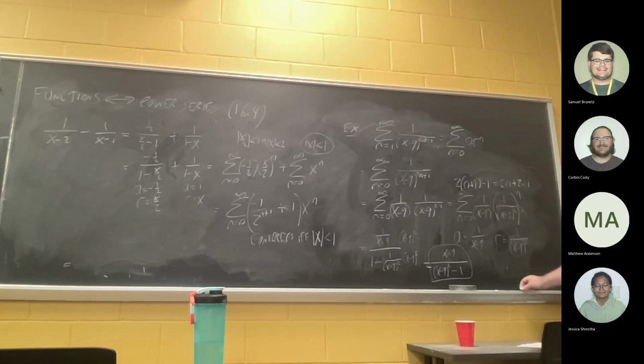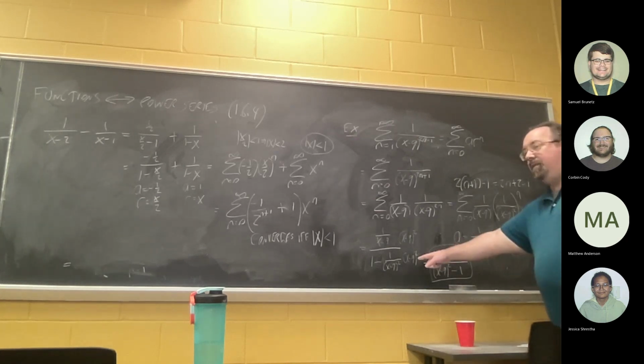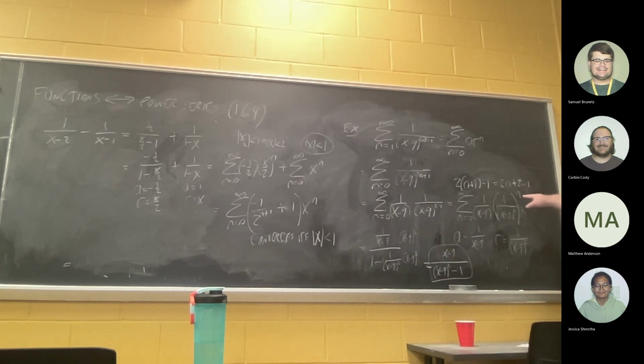Wait, just check that 1 over x minus 9 squared, that's the power of n? Yes, right. Okay. Actually, the original series doesn't really meet the typical definition of a power series because it's negative powers of x minus 9, but I sort of swept it under the rug. We still get a function from it. But because it's negative powers of x minus 9 in the original series, the convergence behavior is rather odd, because I need r to have absolute value less than 1.